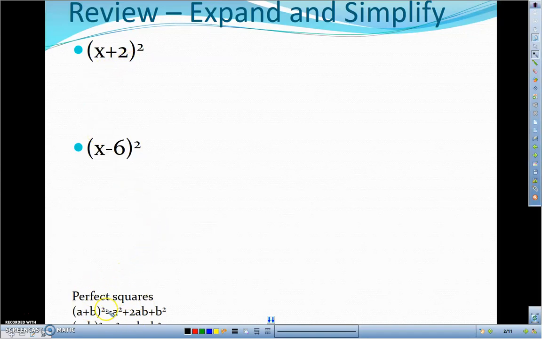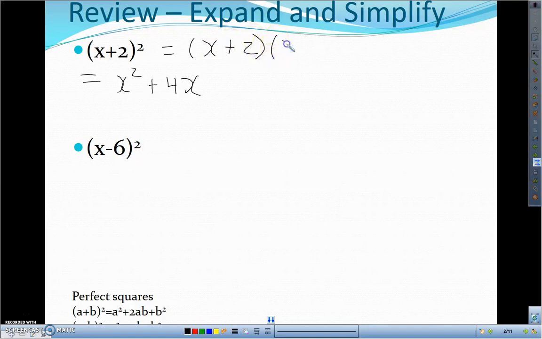Down below, I've got that these are the perfect squares expansion, and so I'm going to expand using the shortcut, which is x squared plus 2ab, in this case 2 times 2, which would be 4x, or 2 plus 2, because you could also expand this and use FOIL. 2 plus 2 is 4x, 2 times 2 is plus 4.